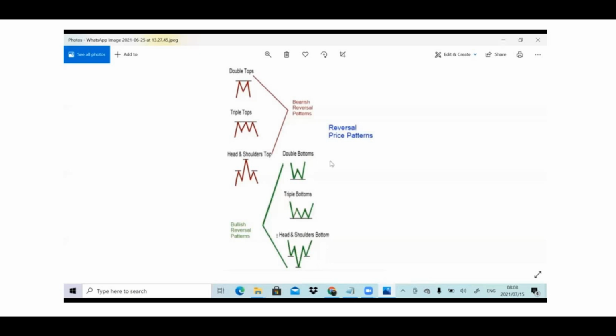Now the thing about these patterns, this is a textbook pattern. But when it comes to the market, they won't always look like this. Meaning that you'll find a double top, but it won't be symmetrical, or it won't be in level. You'll find 1 point there, and this point can be a little bit lower.